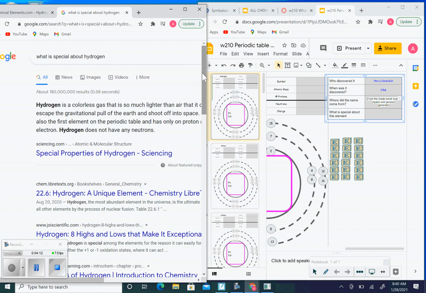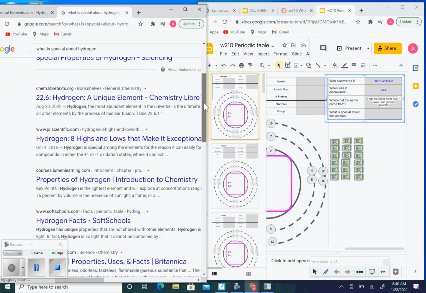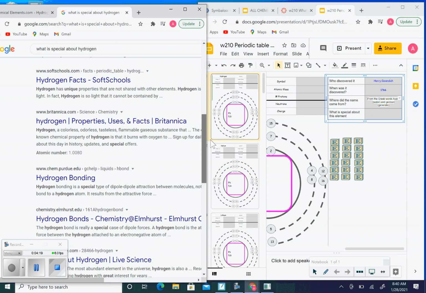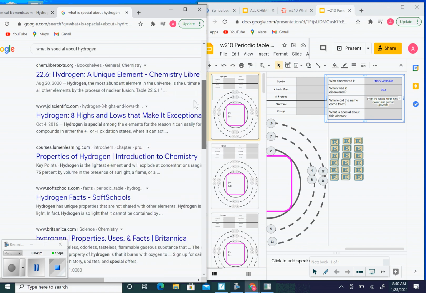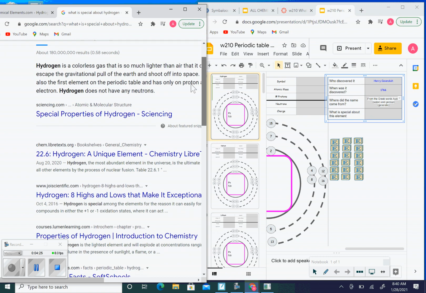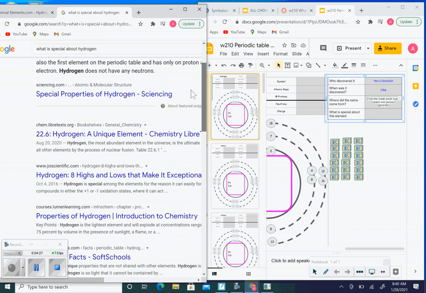And you can use any reasonable scientific information about what is special about hydrogen. Find something unique. You can tell me what it's used for. You can tell me how it was discovered. I don't care. Just find out something special about it.